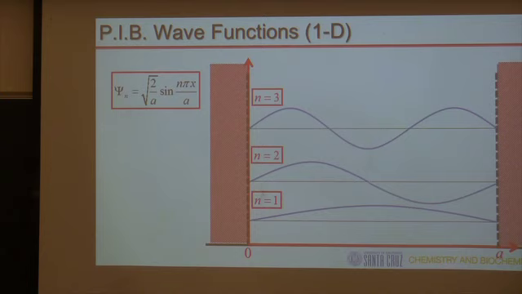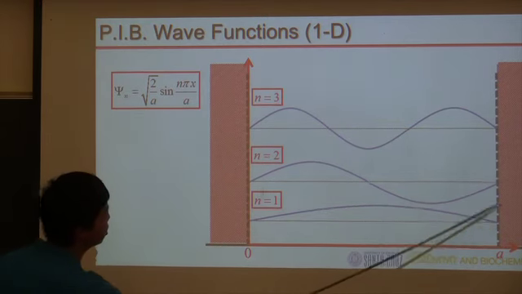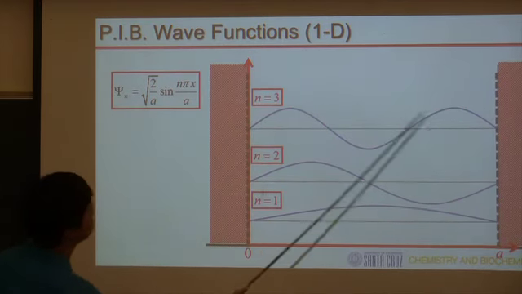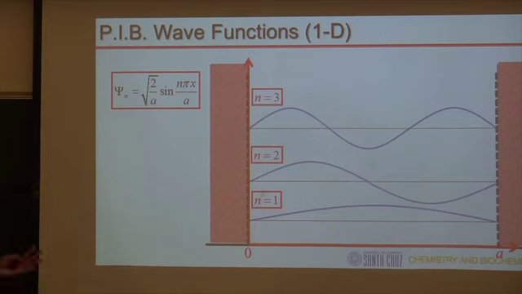If we draw the picture by plugging in different n, n equals 1, n equals 2, n equals 3, 4, 5, and more, and also satisfy the boundary conditions where the wave function at the two boundaries must be 0, you'll get this picture.